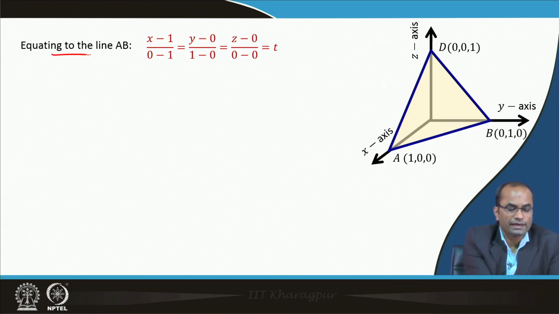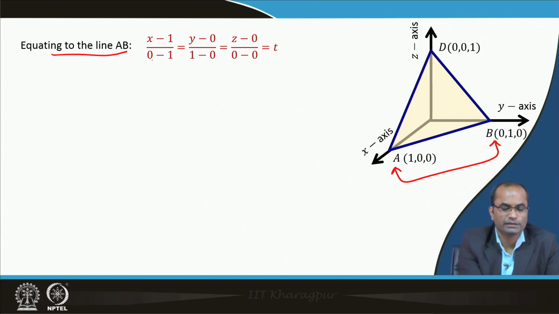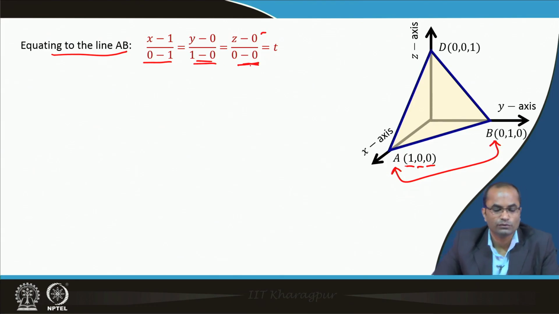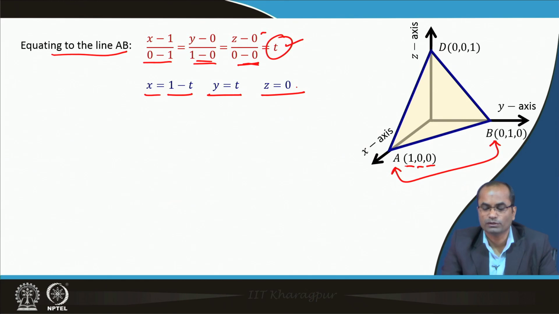Now on the line AB, the equation is (x minus 1) over (0 minus 1) equals (y minus 0) over (1 minus 0) equals (z minus 0) over (0 minus 0), which we set equal to t, introducing a parameter. That means x is 1 minus t, y is t, and z is 0, because the z component is not varying along this line.